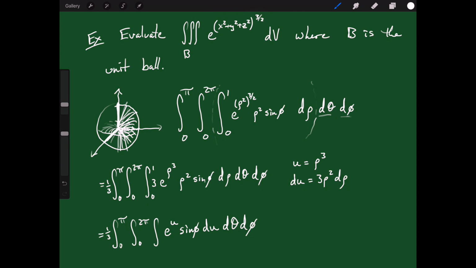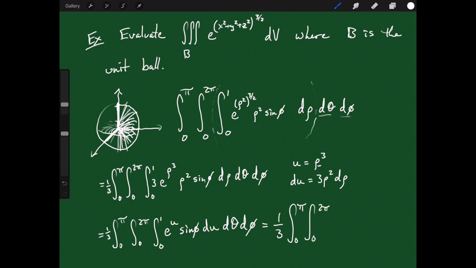And now I can take the antiderivative. Now I should change the limits of integration. If rho is 0, then u is 0. And if rho is 1, then u is 1. So now I can take an antiderivative. I still have the 1/3 on the outside, integral 0 to pi, integral 0 to 2 pi.